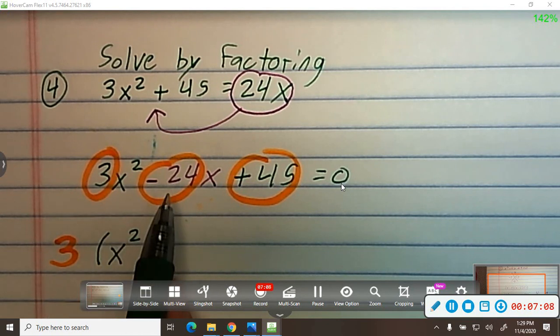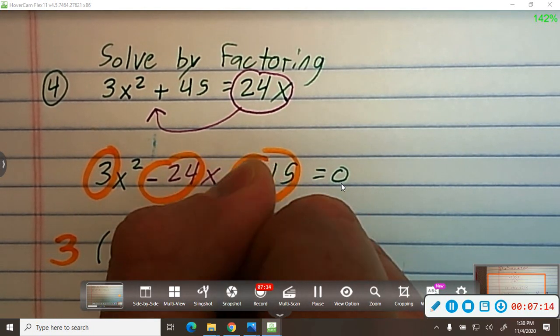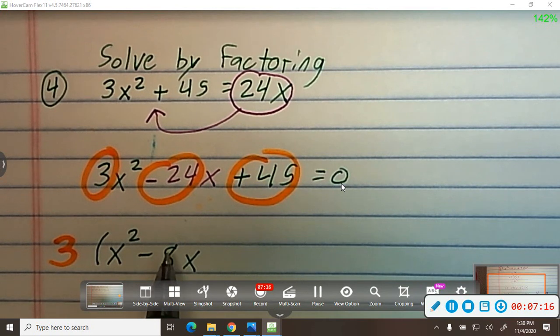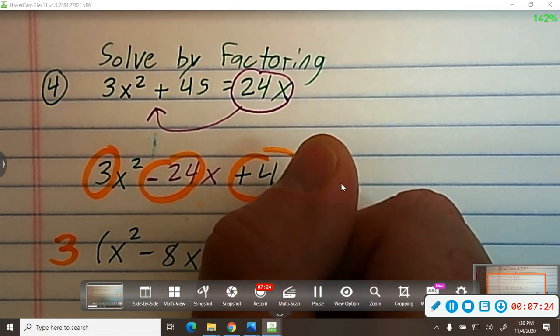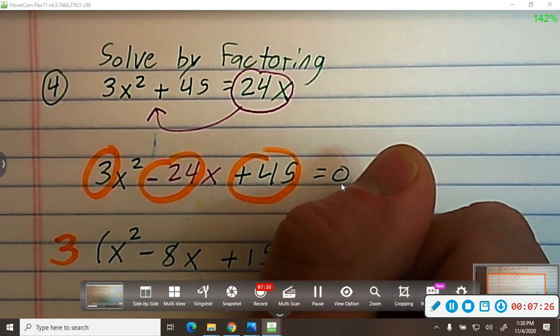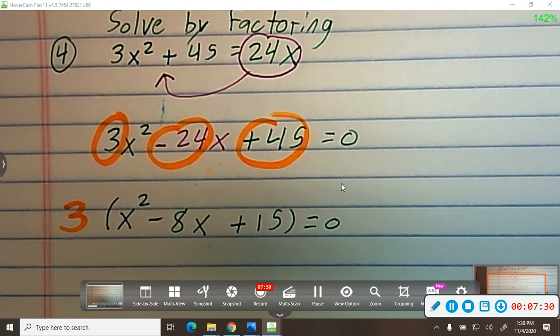If I divided 3 out of negative 24, that'd be negative 8, because 3 times negative 8 is negative 24. And if I divide 3 out of 45, that's 15. So by taking out that GCF, I have made this problem way easier.